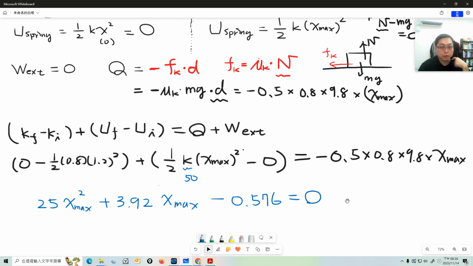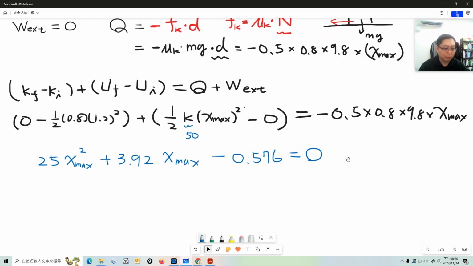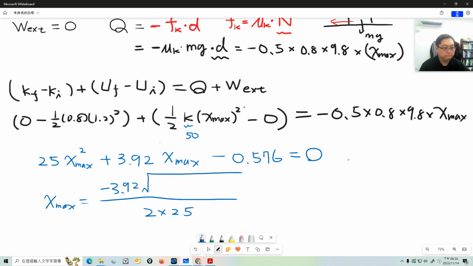So how to solve the quadratic equation? I believe all of you know how to solve it, but if you forget, let me show you. x max equals, over 2 times 25, minus 3.92 plus or minus the square root of 3.92 squared plus 4 times 25 times 0.576.